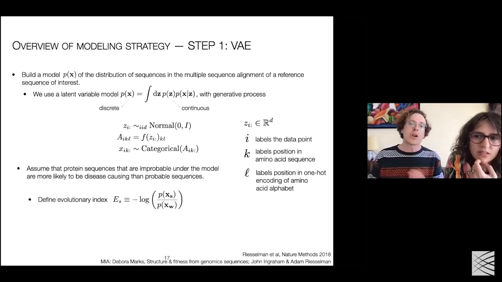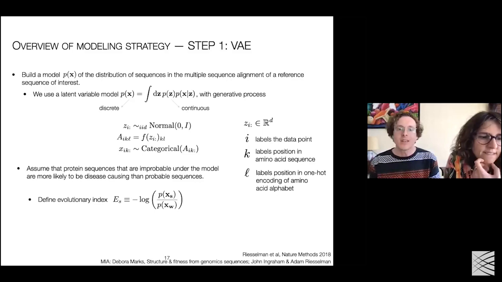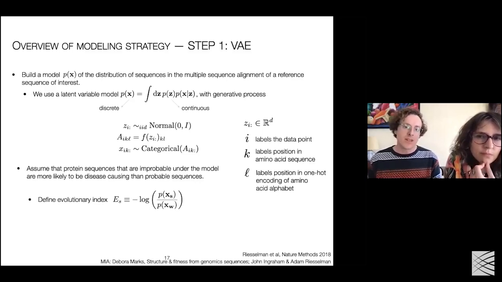So if you've got an amino acid sequence of hundreds and our multiple sequence alignment is tens of thousands or even hundreds of thousands of sequences, that's still an absolutely tiny fraction of the state space of the sequence. So we're training on extremely sparse data when you think of it that way.